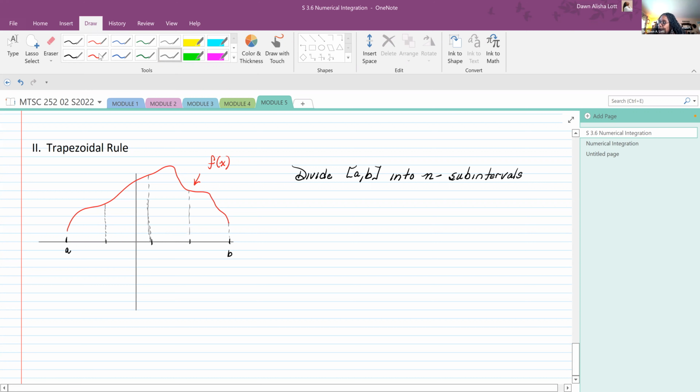And so then I am going to draw a trapezoid. There is my first trapezoid. My second trapezoid looks like this. My third trapezoid is here. And my fourth trapezoid is here.